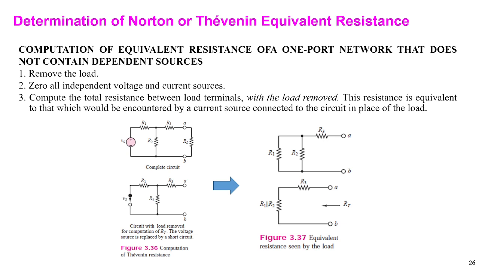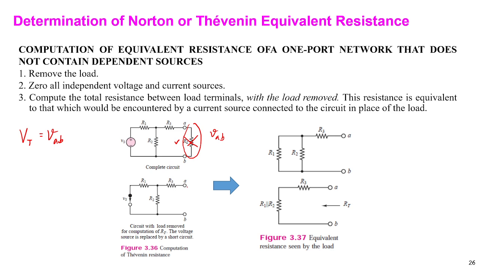To solve for VT, this is the voltage at this terminal of the circuit that we would like to find the equivalent for. The voltage between A and B, VAB without the load, is VT, the open circuit voltage.